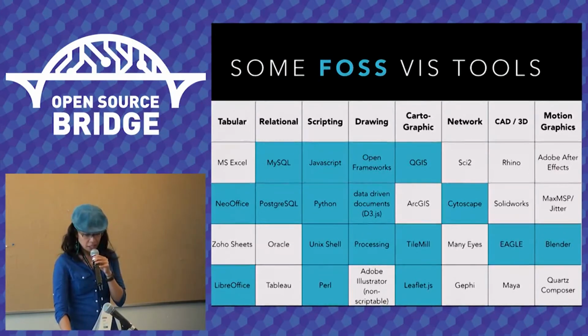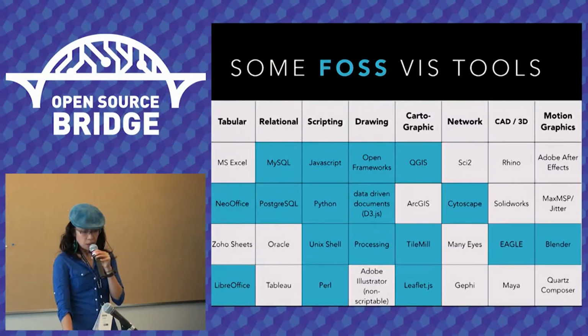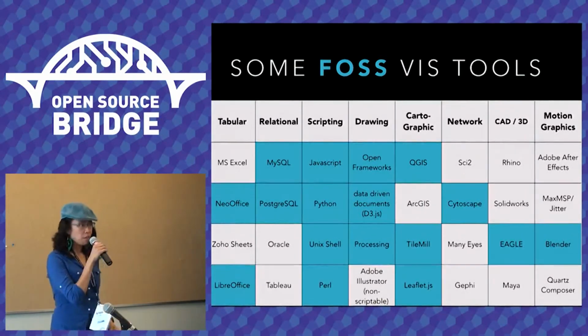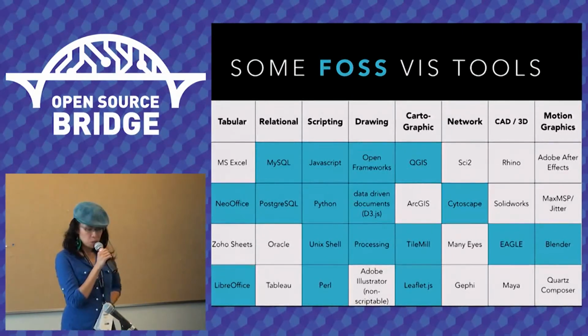Highlighted in turquoise are the open source tools. I didn't really highlight the free tools.